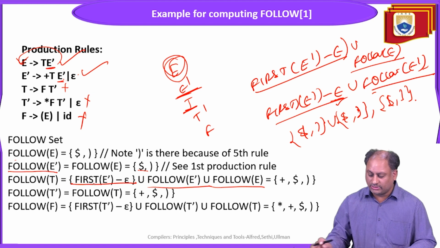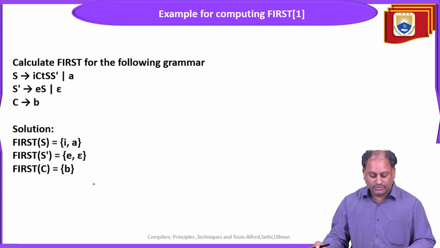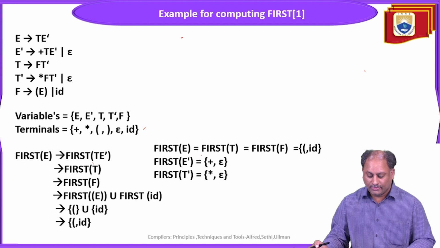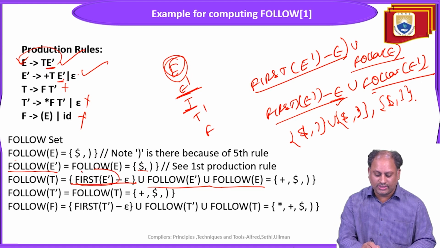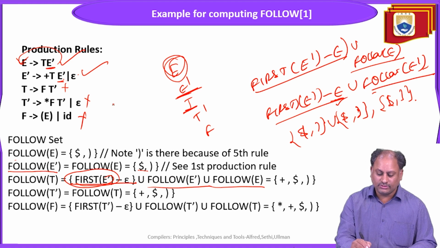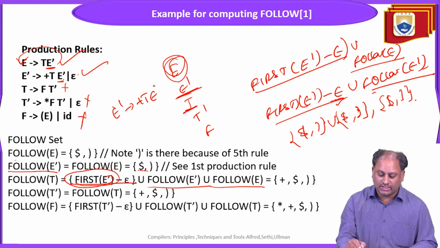So we have to consider first of E dash. Here first of E dash is plus epsilon, so we have to consider not follow. What is first of E dash? Here in this example, in this E dash there is plus T dash.